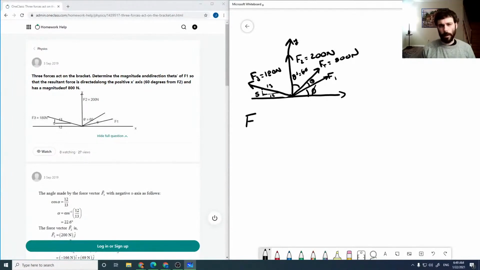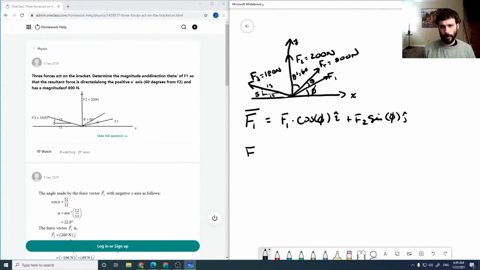So our F1 vector is going to be our F1 magnitude times cosine of phi i hat, that's my x unit vector, plus F1 sine phi j hat.